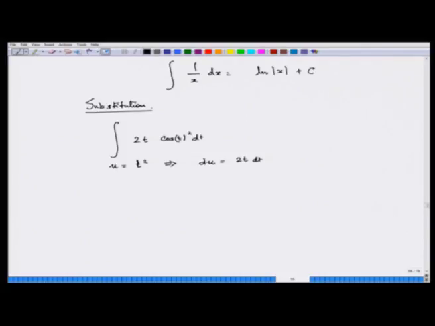And what was t square here? t square was u. So this becomes the integral of cos u du, which is nothing but sin u plus c. Now you put back u is equal to t square, so it will give you back sin t square plus c. So what is the general process of this whole thing?